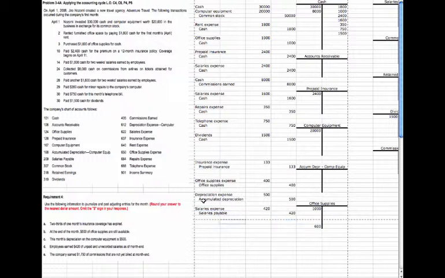The final adjustment that they have us make is that the company earned $1,750 of commissions that have not been billed at the end of the month. Even though we haven't billed for those commissions, we've earned it. If we've earned it, we need to recognize the revenue in the correct period. So when someone owes us money, we have what we call accounts receivable.